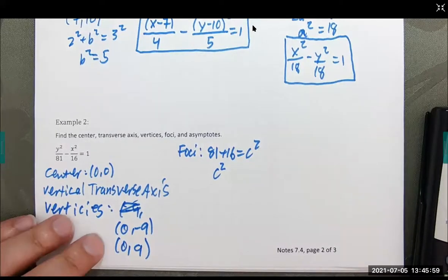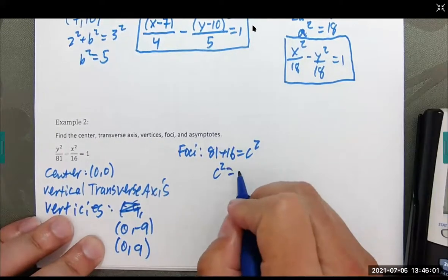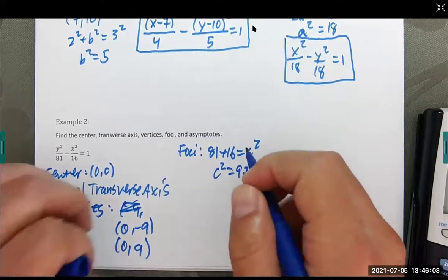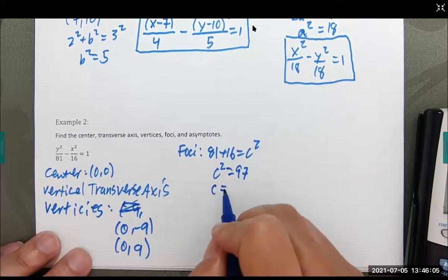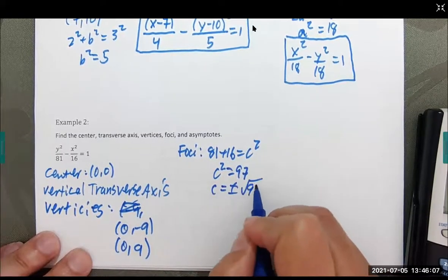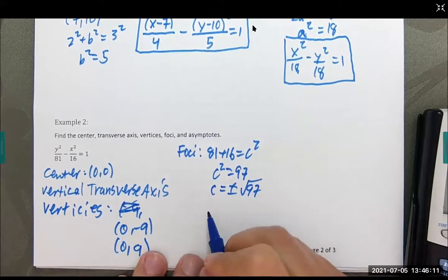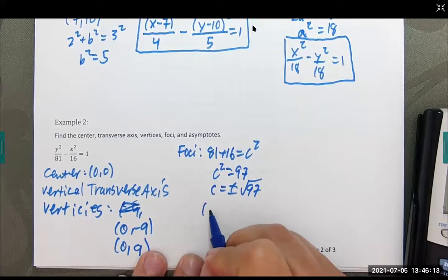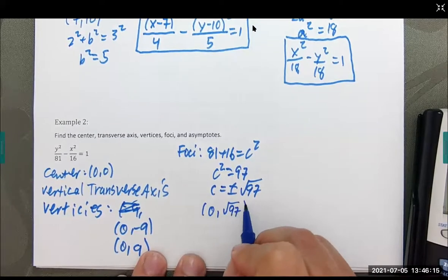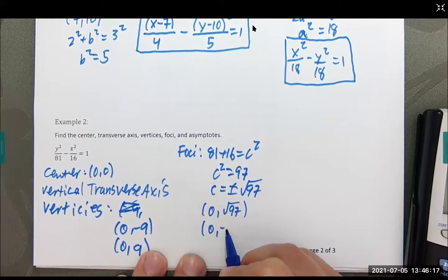We end up with 97. So the foci, so C is going to be plus or minus root 97. So that means that our foci are at 0, root 97, and 0, negative root 97.